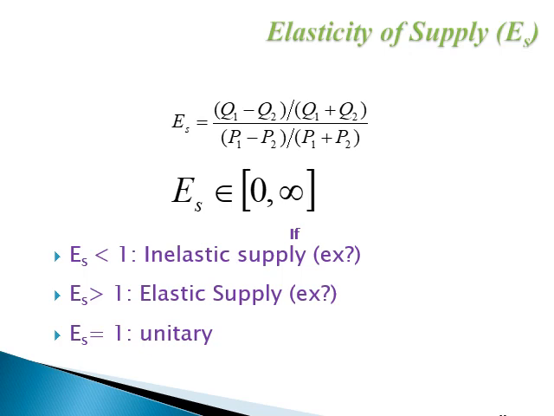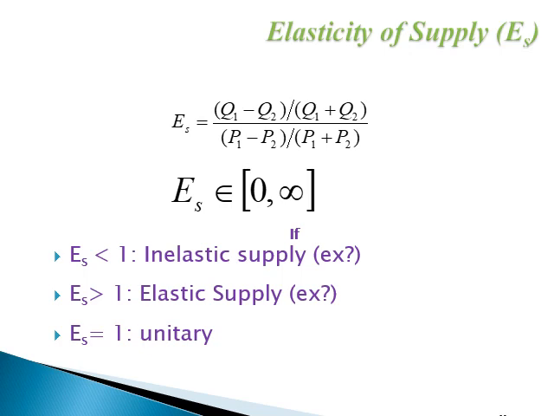Remember, along the supply curve, if the price goes up, the quantity supplied will go up. If the price of the commodity goes down, the quantity supplied will go down. The elasticity of supply is a measure of the responsiveness of the quantity supplied of the commodity to its own price changes. It tells you by how much the quantity supplied will change when a percentage change happens to the price.